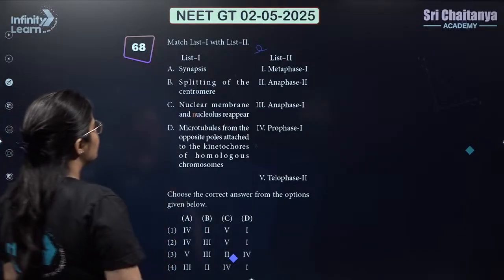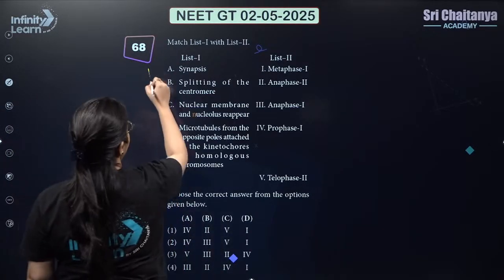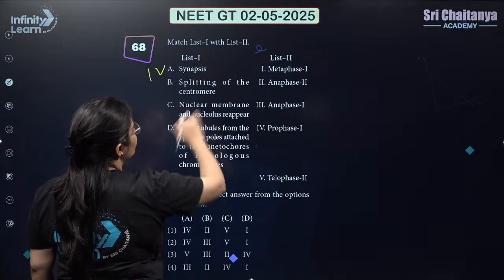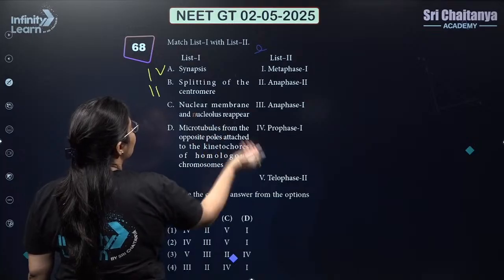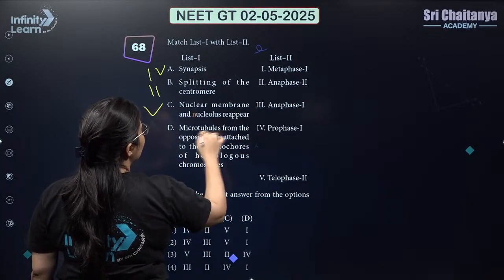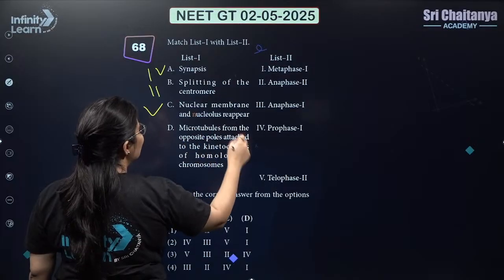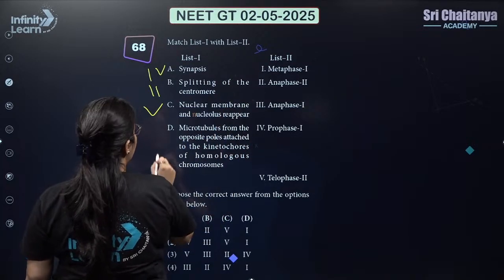Match. Synapsis, my dear students, will happen in prophase 1. Splitting of centromere, anaphase 2. Nuclear membrane and nucleolus reappear, telophase 2. Microtubules from the opposite poles attached to the kinetochores of the homologous chromosomes, it has to be metaphase.